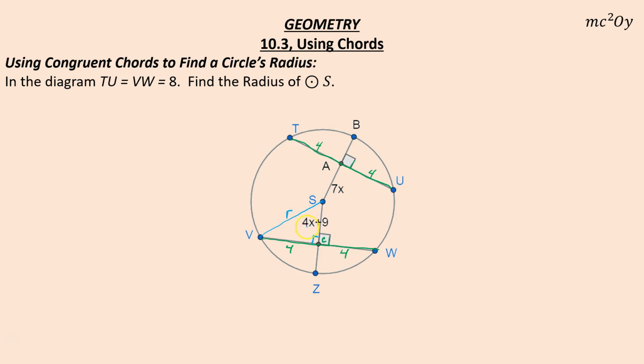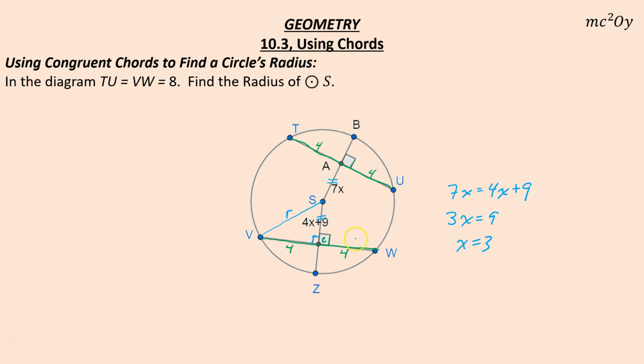Right? Well, I could find out this side length because I know that 7x is congruent to 4x plus 9. They're equal. 7x equals 4x plus 9. And I know that because my chords are equal. So if the chords are equal, they are equidistant from the center. That means subtract 4x, so I get 3x equals 9, and x equals 3.